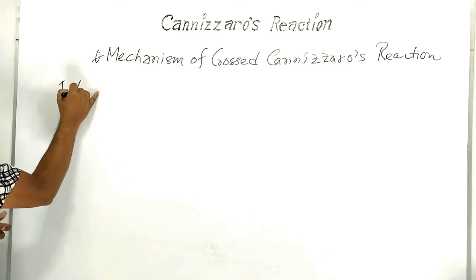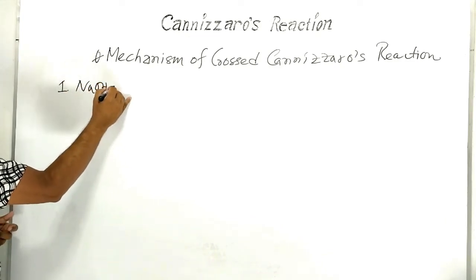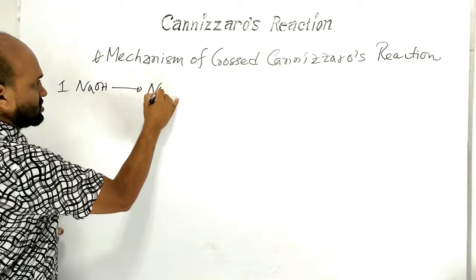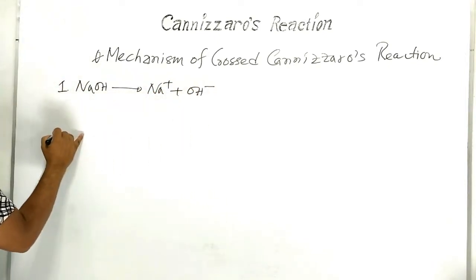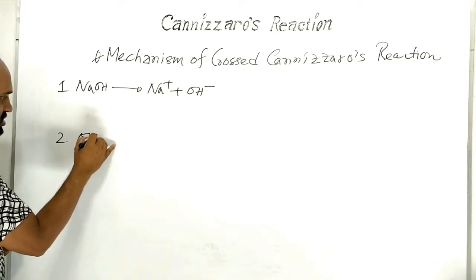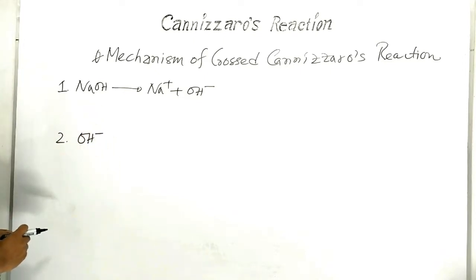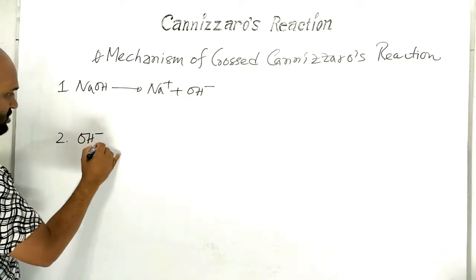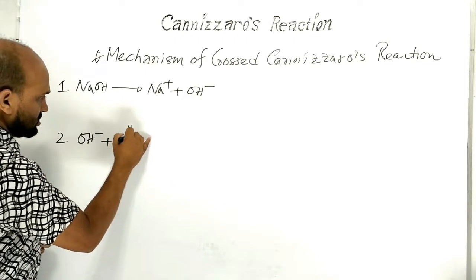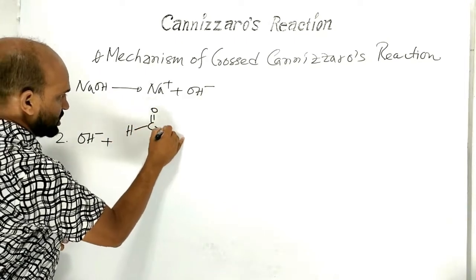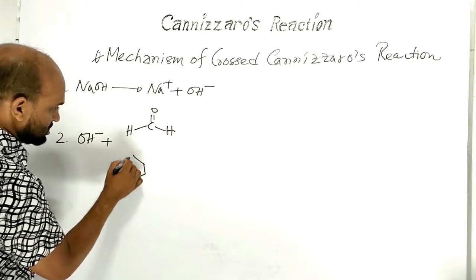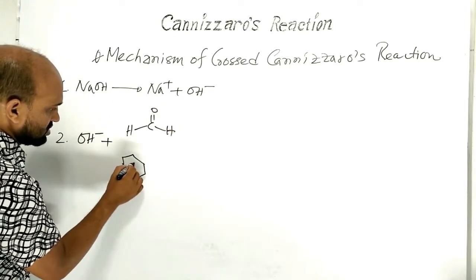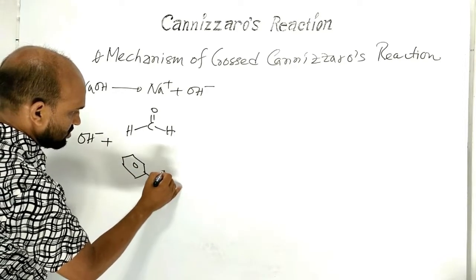First step is concentrated alkali produces sodium ion and hydroxide ion. Step 2. This hydroxide ion attacks aldehyde molecules. Here, this is one aldehyde molecule and another one is this, that is formaldehyde molecule.